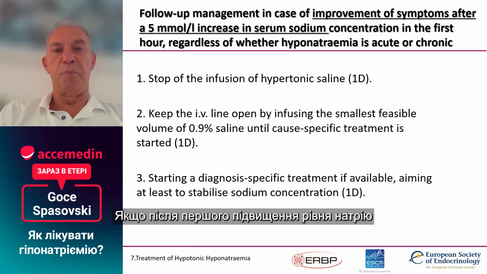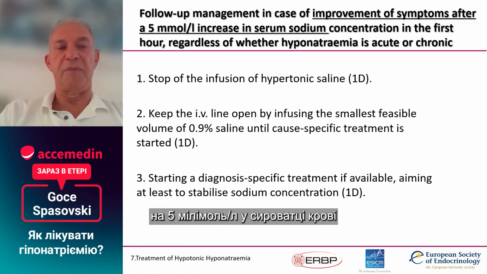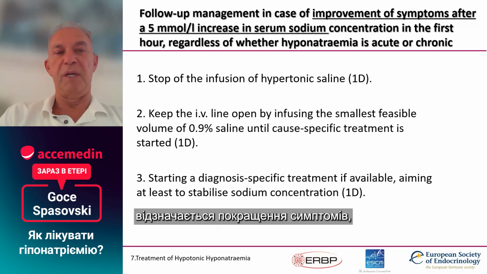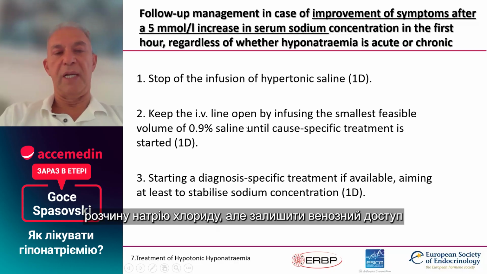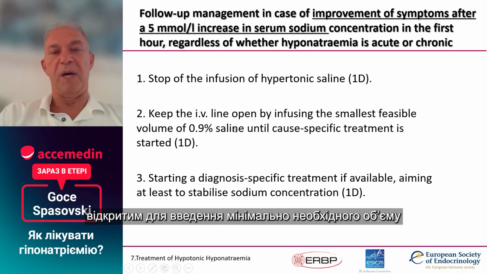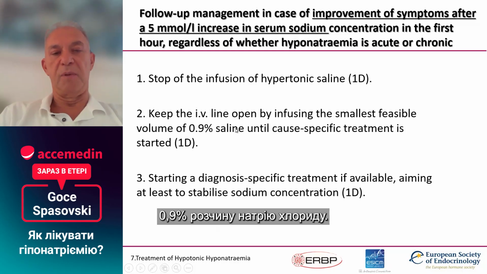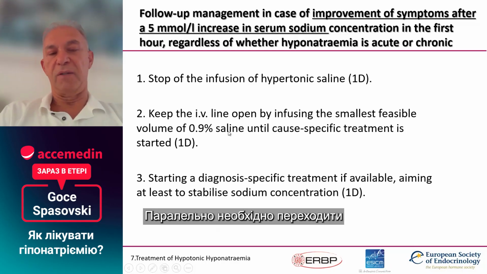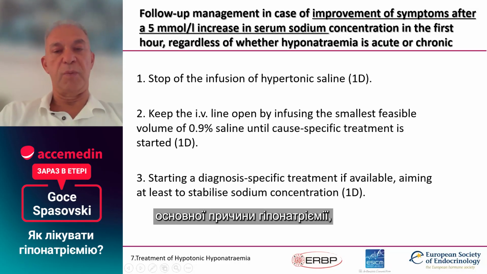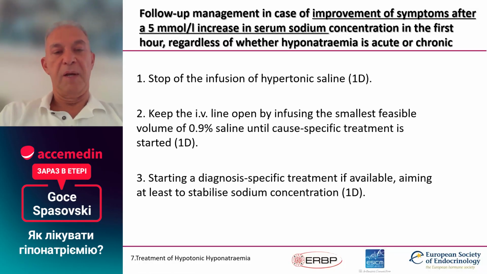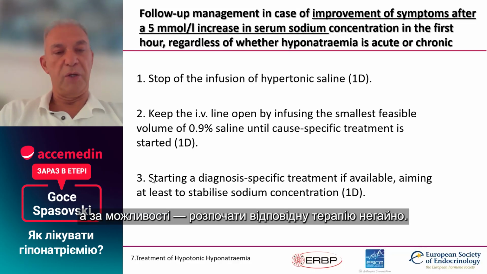So if there is an improvement of symptoms after the first increase of 5 millimoles per liter of serum sodium, then we need to stop the infusion of this hypertonic saline, but we should still keep the line open by infusing the smallest possible volume of 0.9% regular physiologic saline solution. And we should go on to diagnose and give cause-specific treatment if possible.